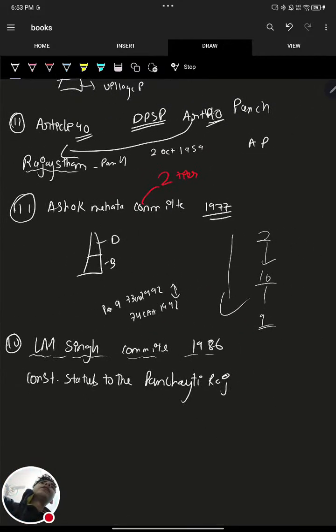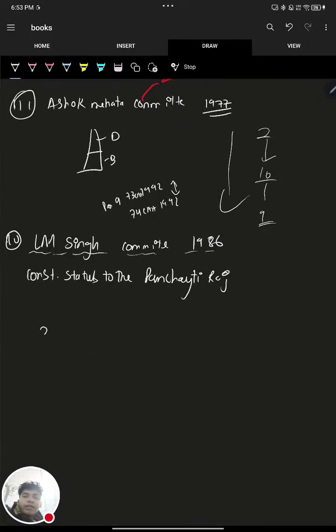Now, the whole Panchayati Raj is in Article 243, from 243A till 243O. After that, it is municipality, because they are correlated, as I told you.